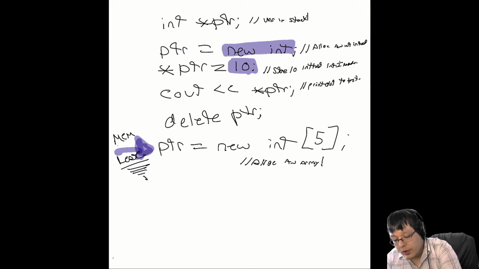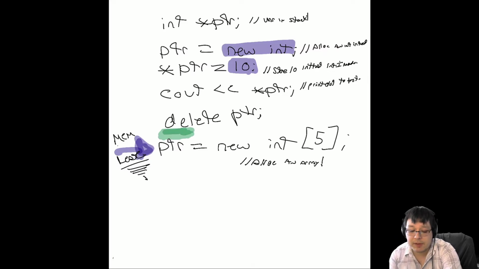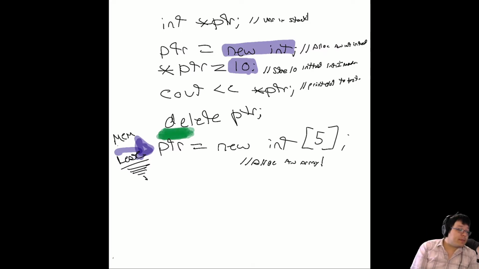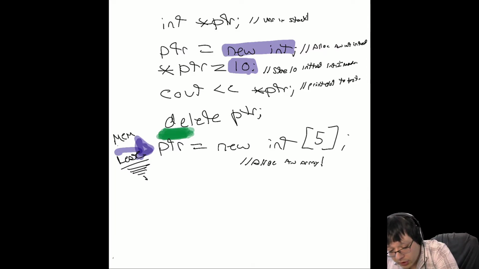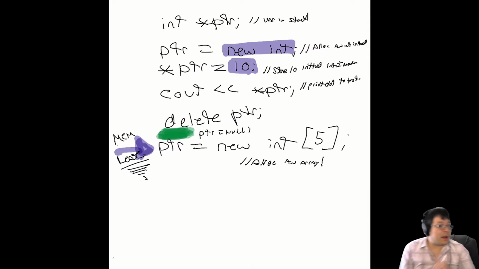Now, we technically have a dangling pointer right here. Let me put some color here. Right here, we have a dangling pointer in theory, because if we try to access PTR at this point, we can still access that integer. However, it's not as much of a problem because immediately after, on the next line of code, we are setting it to something else. But if you're super paranoid, you could put PTR equals null in between these two lines, and that would avoid the dangling pointer.